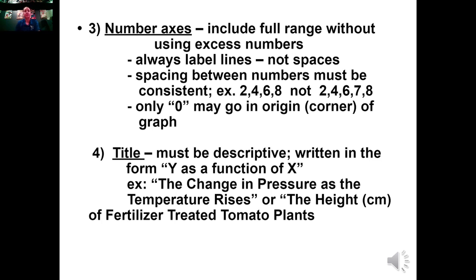Once you've numbered your axes, you can go ahead and plot, or you can put a title. On here, I have title next, but you can go ahead and plot your data next. Otherwise, you want a title up at the top, taking the dependent and independent variables and putting them together into a nice sentence. I'll give you an example here: change in pressure as the temperature rises, or the height in centimeters of fertilizer-treated tomato plants.